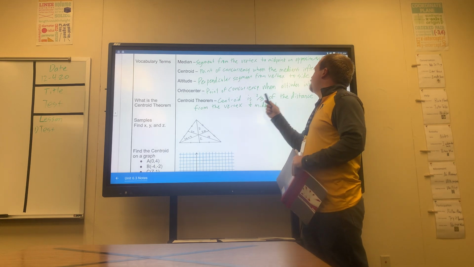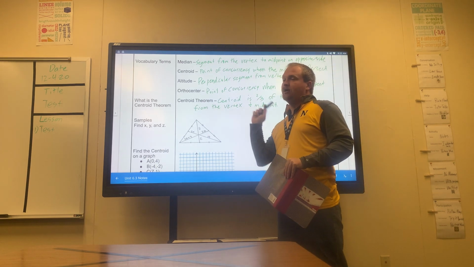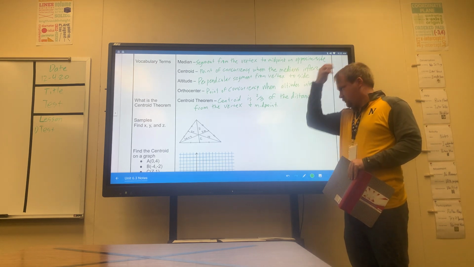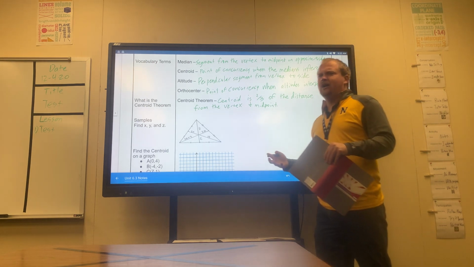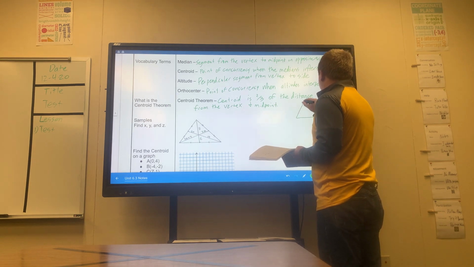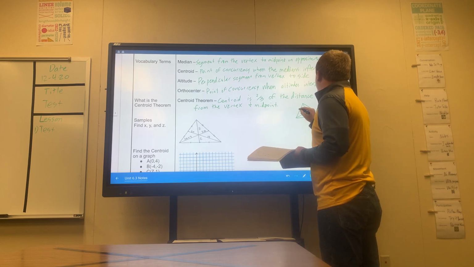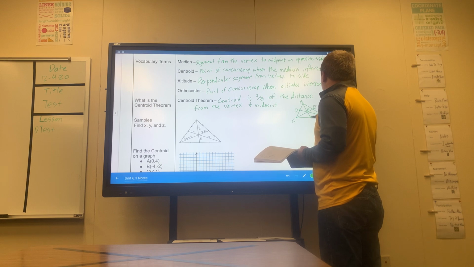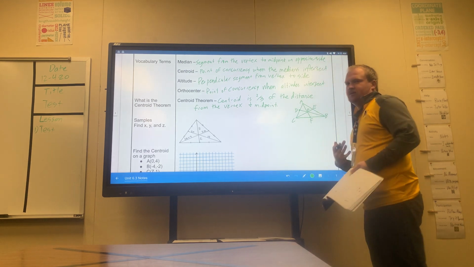So a centroid is 2/3 of the distance from both the vertex and midpoint. To me, this would be a better way to classify the distance.